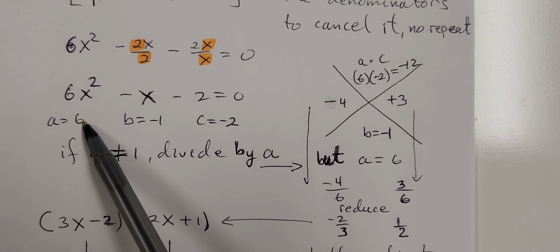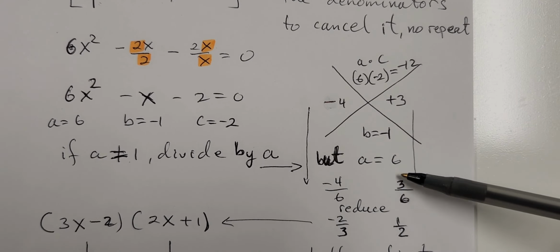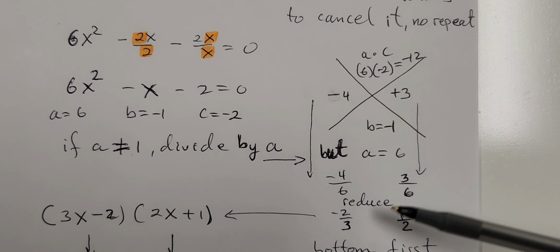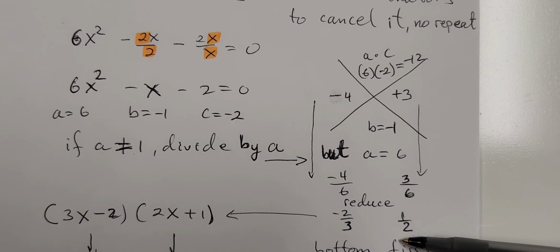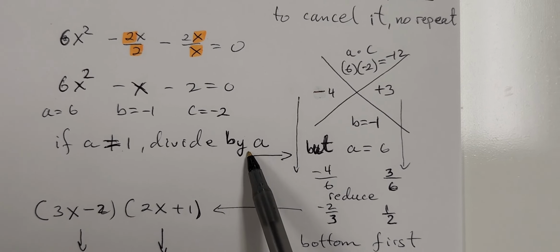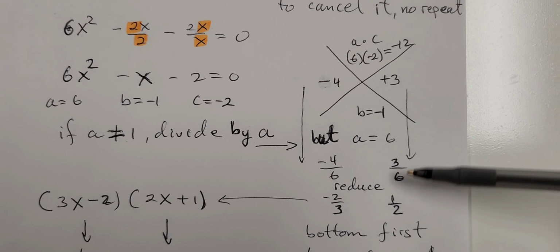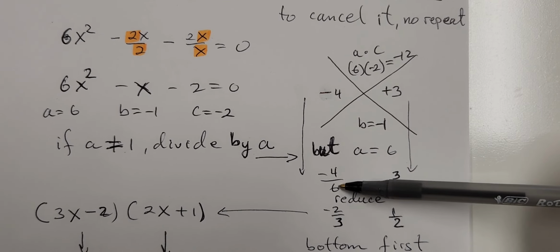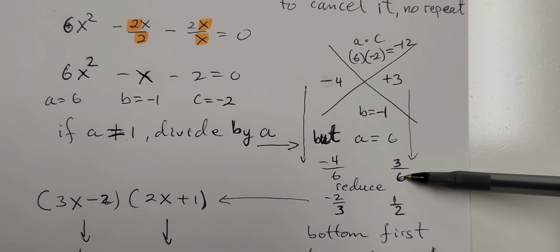If a was any other number, we have to divide by it. If a is 1, then we don't need to do this procedure. If a is not 1, you must divide by a and follow this procedure: -4 divided by 6, +3 divided by 6.